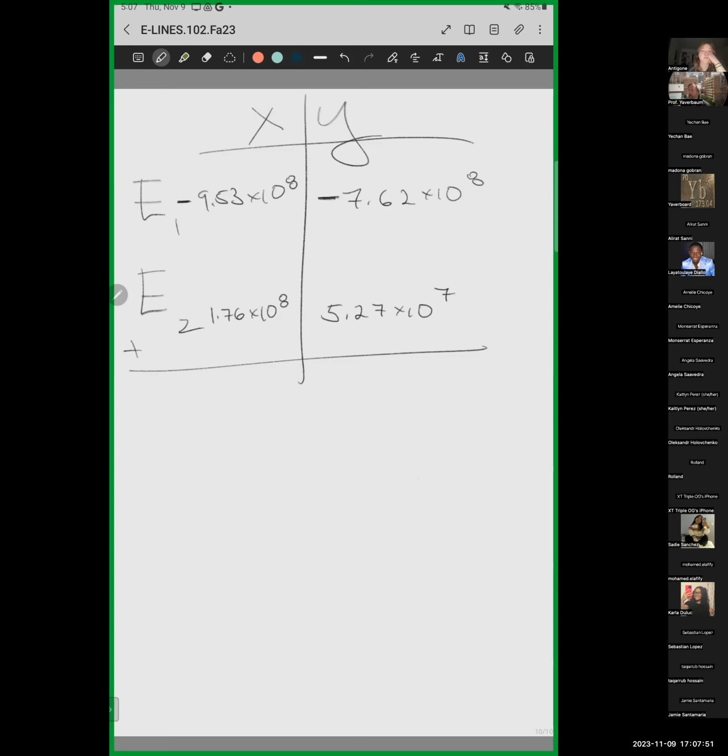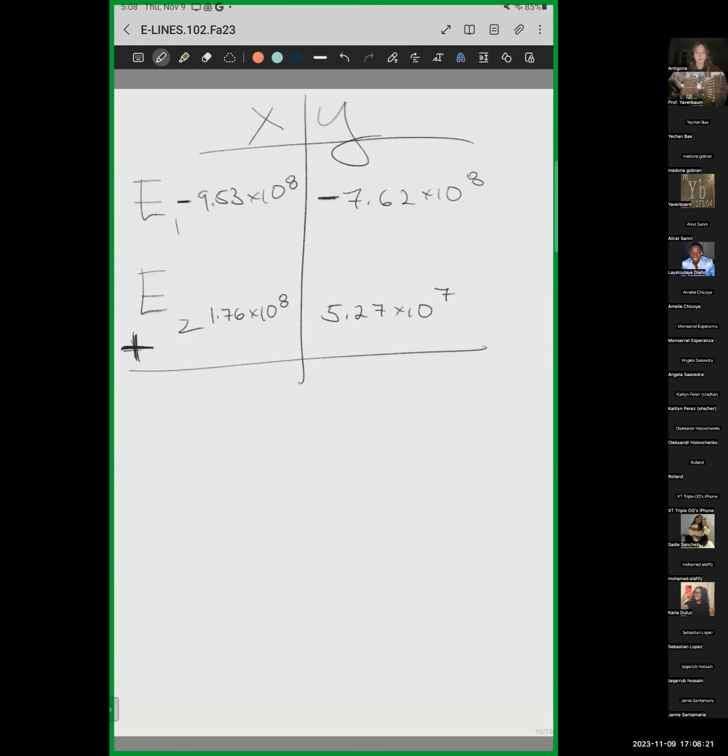Each of those components gets a negative sign. In other words, positives and negatives apply independently to each axis. And the other vector, E2, was pointing north and east. So both of those vectors' components don't get negative signs. They get positive signs. So now we add up. We're literally adding tip to tail the total effect of the field on that point.